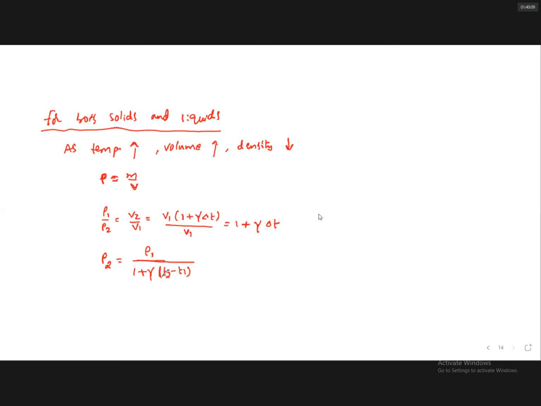In case of liquids, in place of gamma, we have to take the real expansion of the liquid.